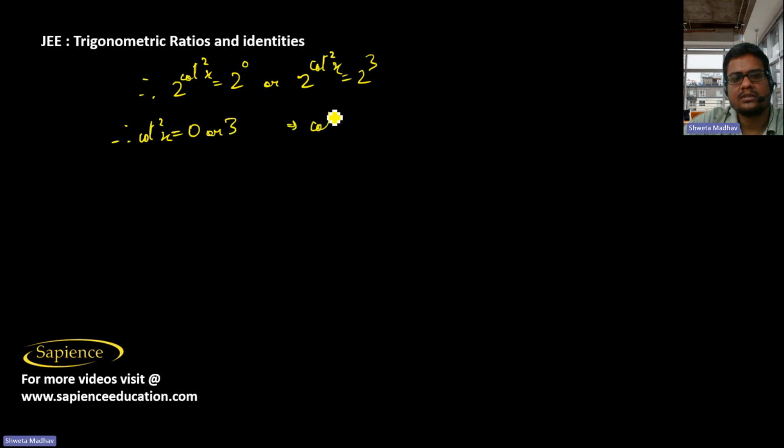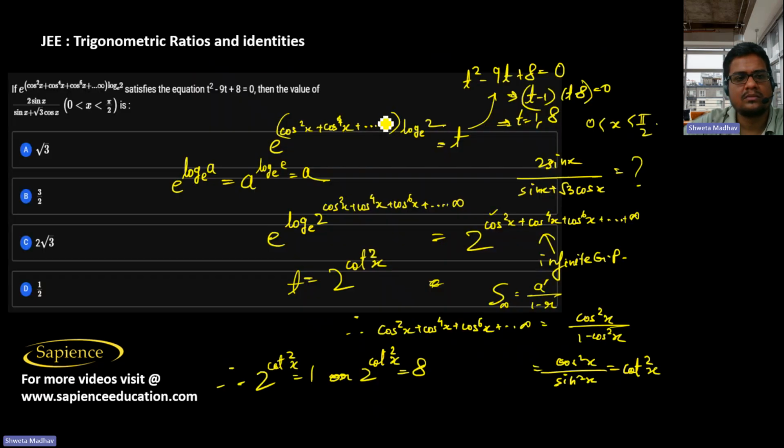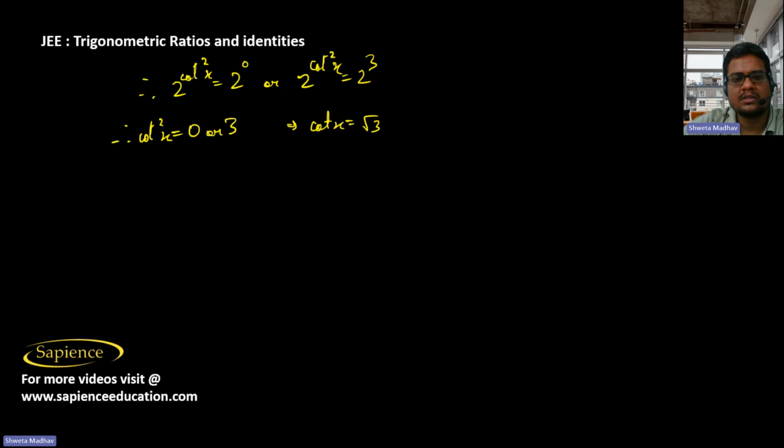So therefore cot x, since x is an acute angle, cot x can't be negative. Cot x should be positive only, since here it is told x belongs to 0 to pi by 2.